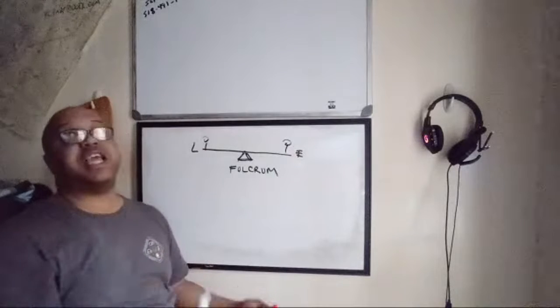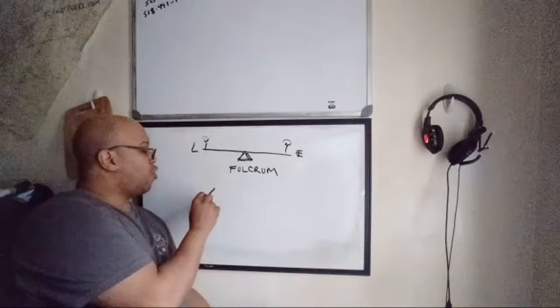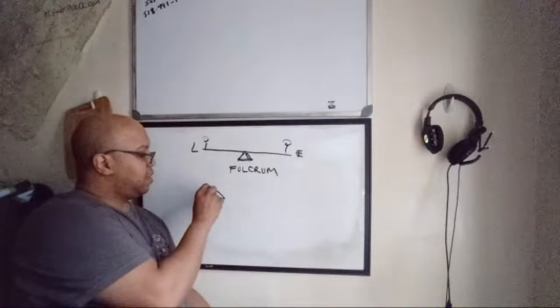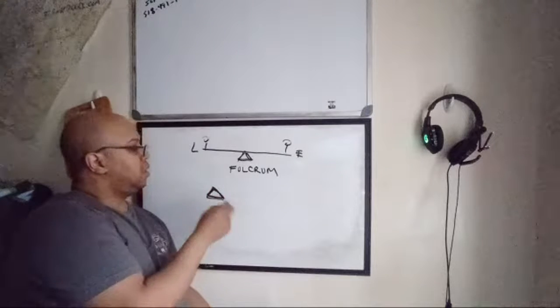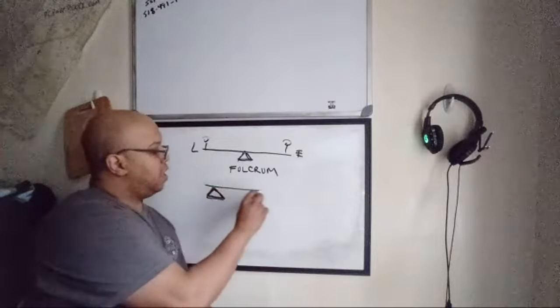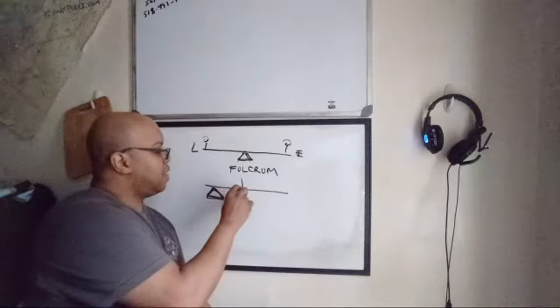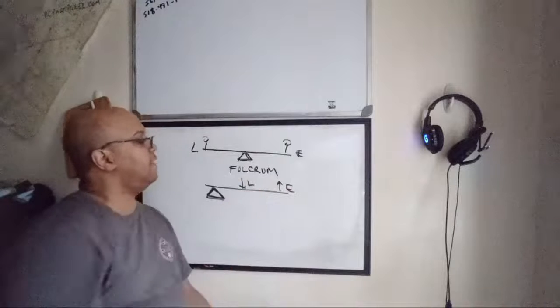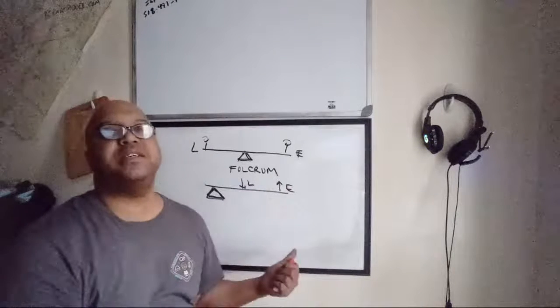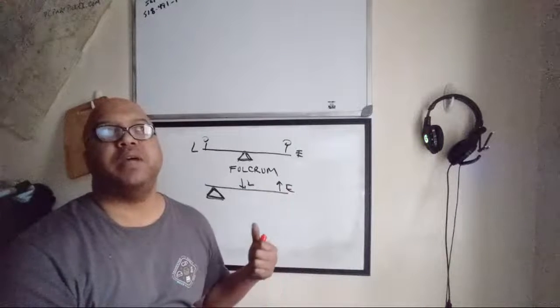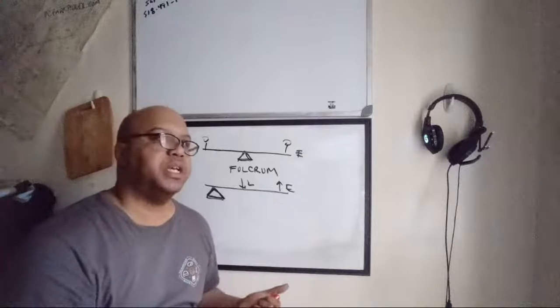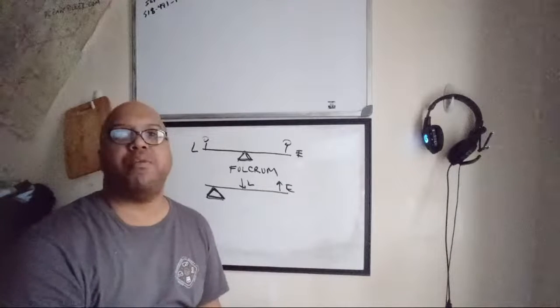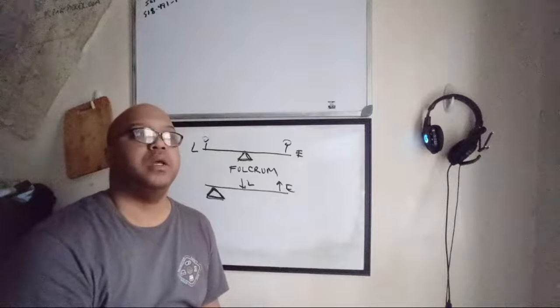In our second class lever system, the fulcrum is positioned on one side. So the fulcrum is here, and we have the load in the middle and the effort on the outside. The best example of a second class lever system is a wheelbarrow.